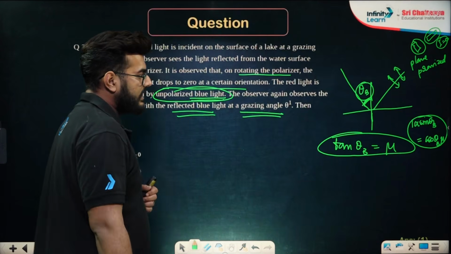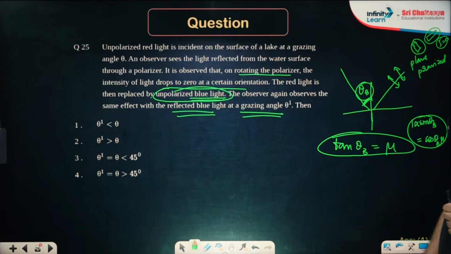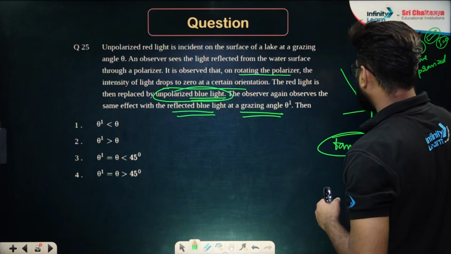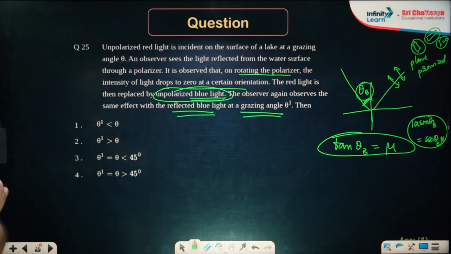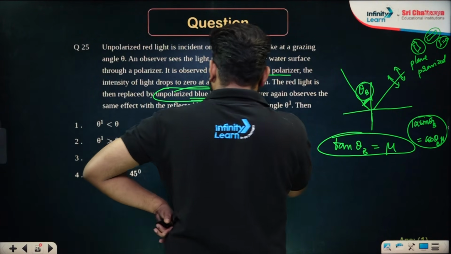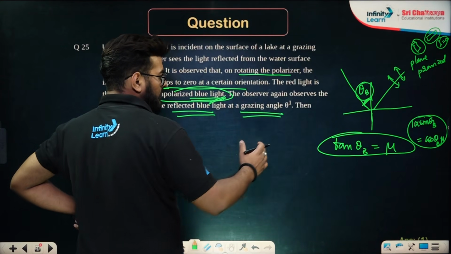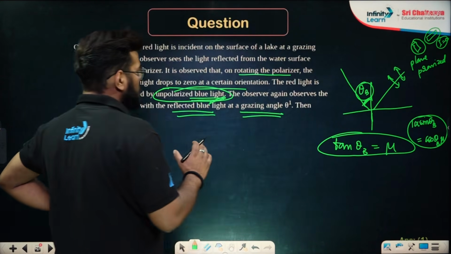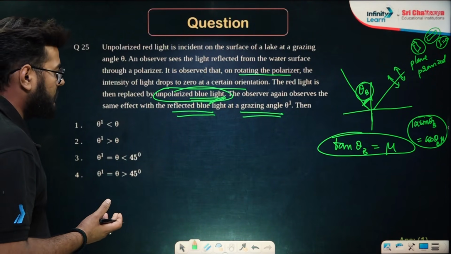The grazing angle theta, basically they are talking about the angle at which the reflected light rays again make the same situation. Correct. So for a blue light, the Brewster angle, or the angle of incidence over here, should be lesser as compared to that of the red one.